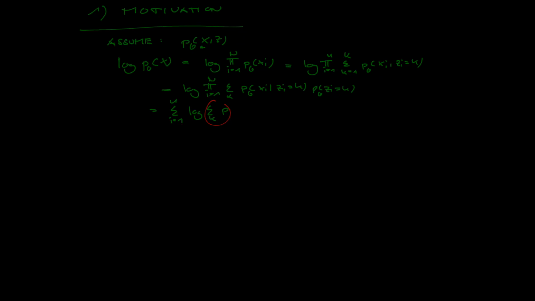So what EM proposes, and which is used a lot in practice, and also in a lot of other cases like variational inference, they all do the same trick. Let's write this again with the sum over i from 1 to n, log, sum over k, and here we have p(x_i, z_i = k).